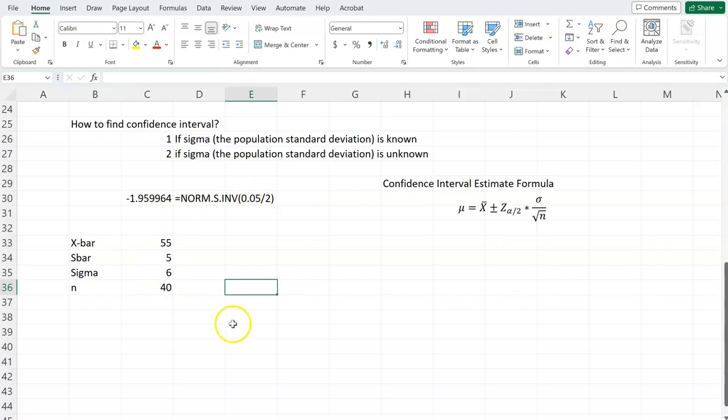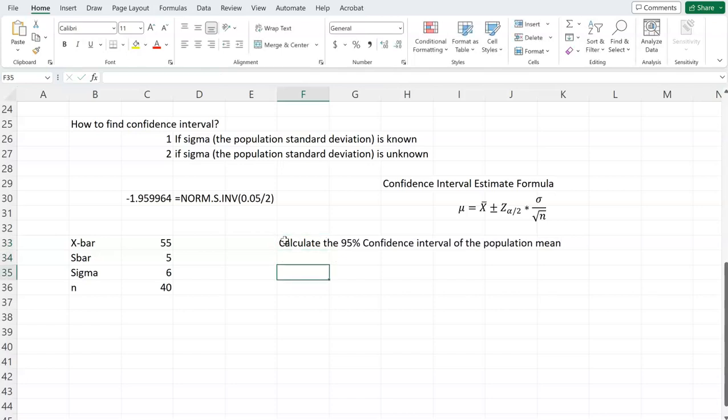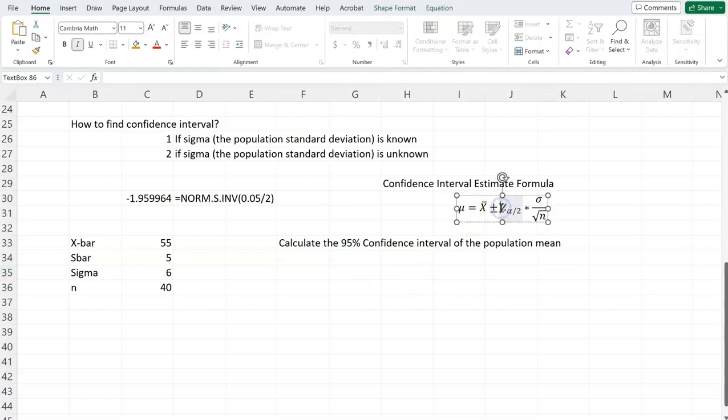So if these are my numbers, let's calculate the 95% confidence interval of the population mean given those numbers. I know my x bar is 55.